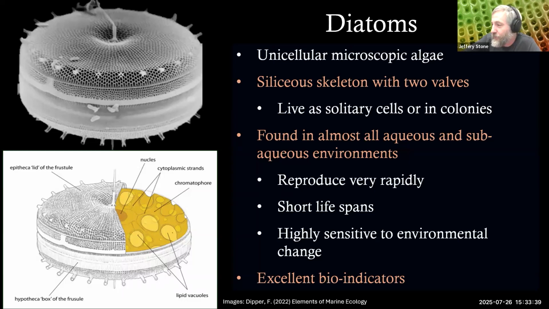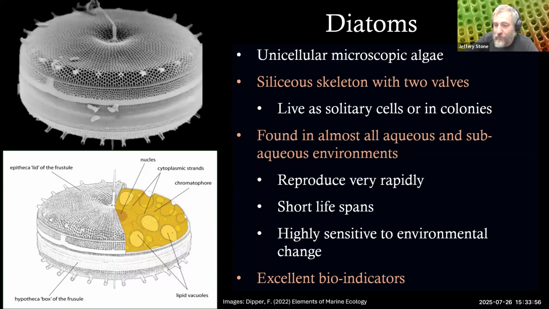But one of the reasons that we use them for palaeolimnology so effectively is that they reproduce very rapidly. They have very short lifespans, somewhere in the range of weeks to months. And they're highly sensitive to environmental changes.